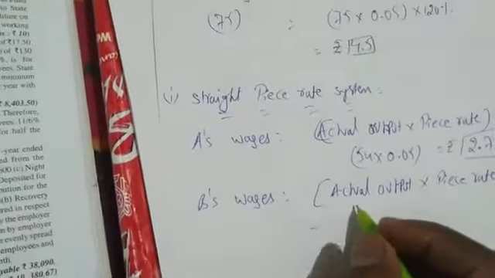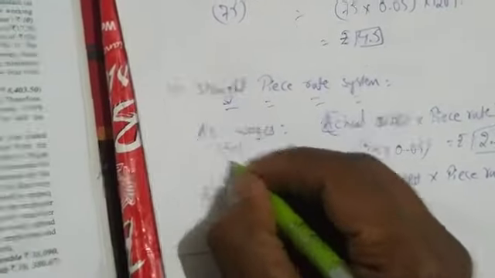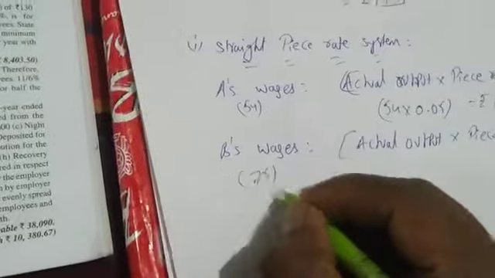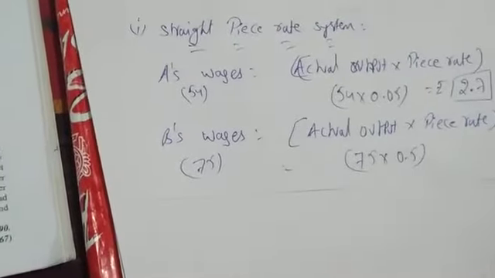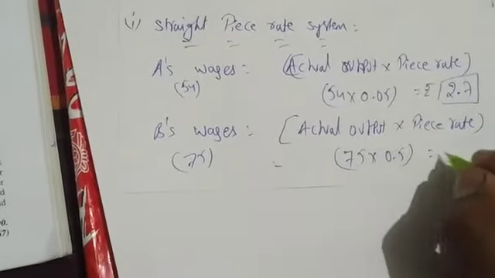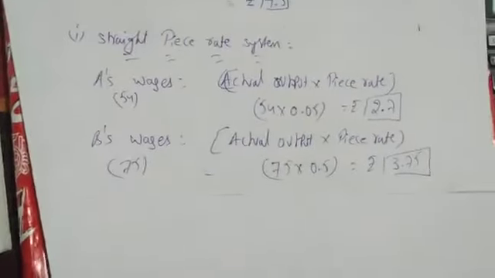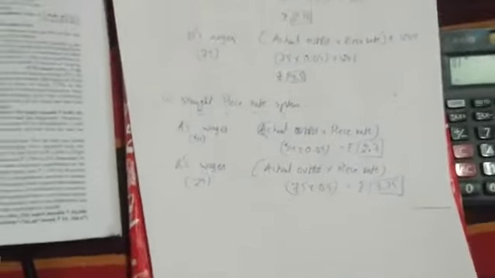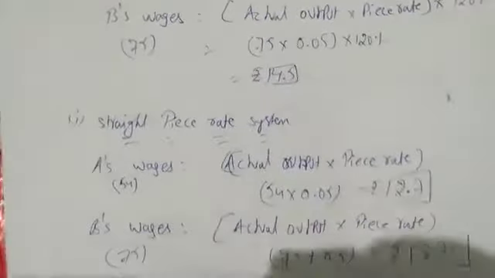B is producing 75, so 75 into 0.05. Multiplying, we are getting 3.75, 3 rupees 75 paisa. Got it? So simple, easy. Straight piece rate system is easy.